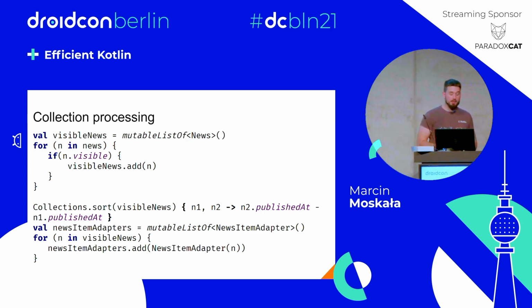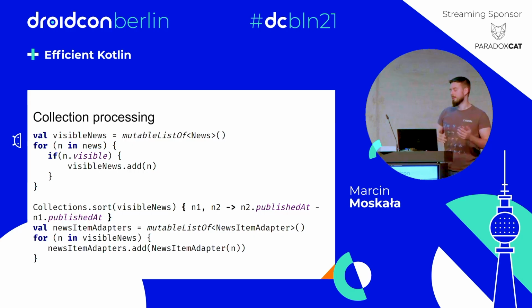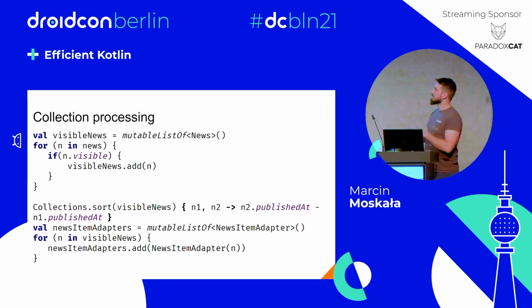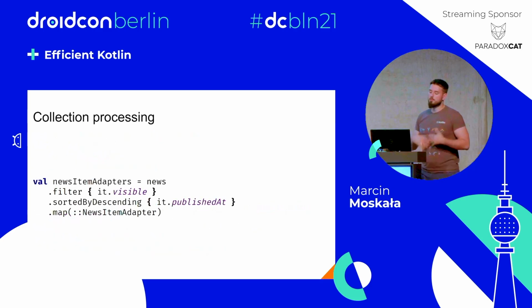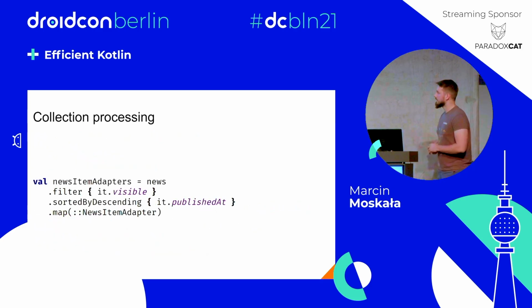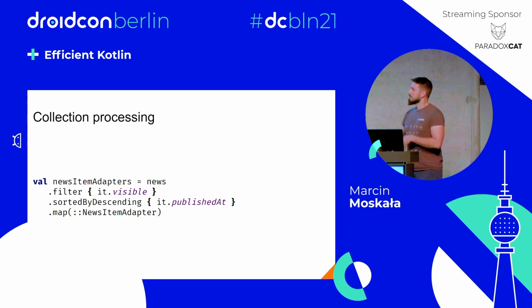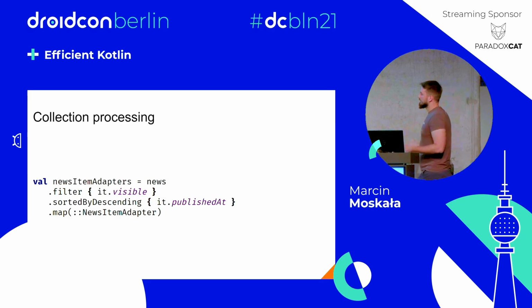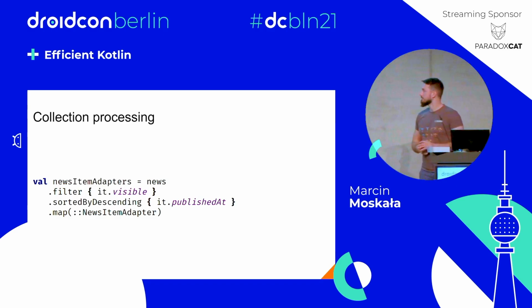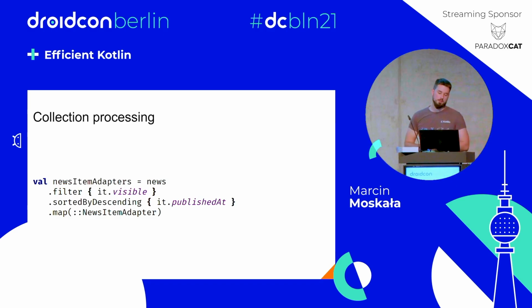In Java 8, and also in Kotlin, there were some essential improvements introduced, like functions such as map, filter, sortedByDescending, etc., that let us simplify this collection processing. And thanks to that, it can be nice, readable, and pleasant for the readers.